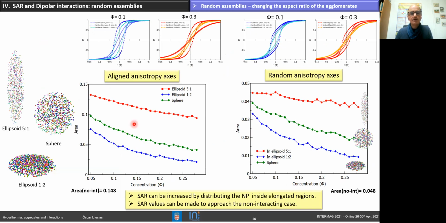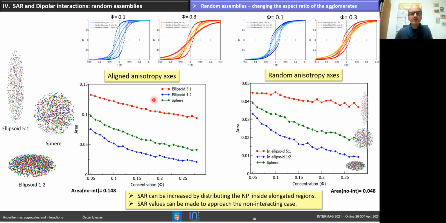Moreover, we can ask ourselves if a random distribution of particles inside a sphere or placed inside an ellipsoid, elongated in the direction of the applied field or elongated in the perpendicular direction, will have the same heating capacity, and we see that this is not the case.